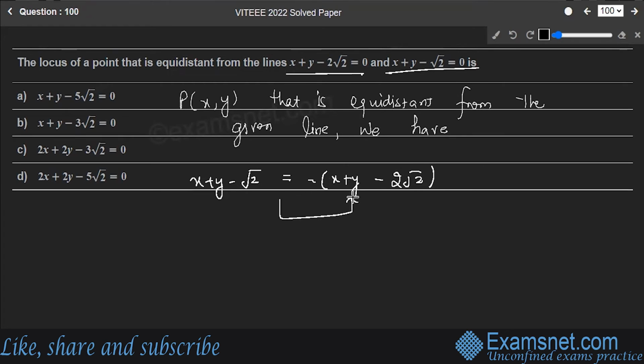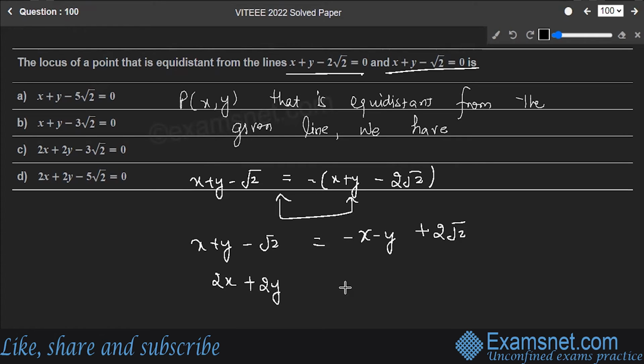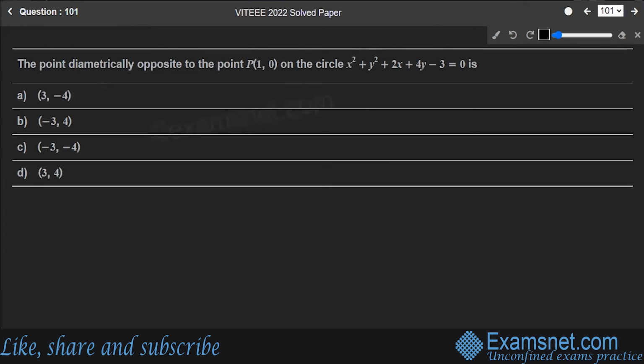So these two will be equal. The condition is x plus y minus root 2 is equal to minus x minus y plus 2 root 2. Here you will have 2x plus 2y minus 3 root 2 equal to 0. That makes your option C the answer. Hope you got that.